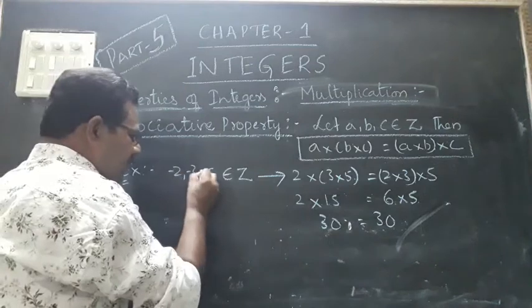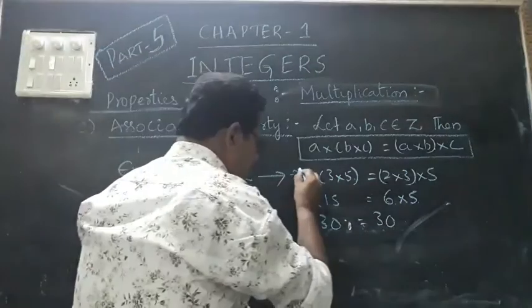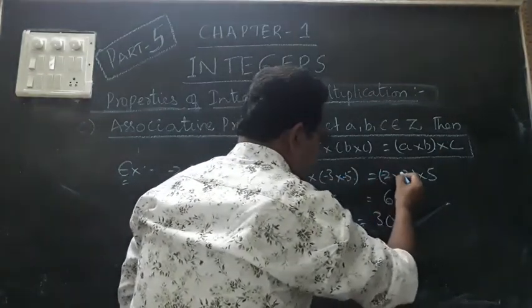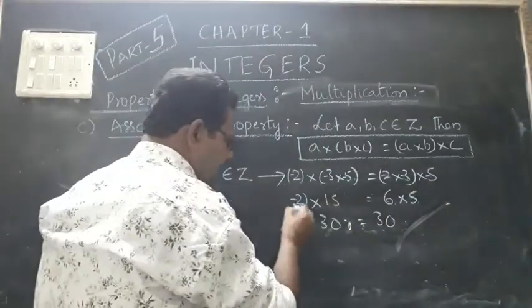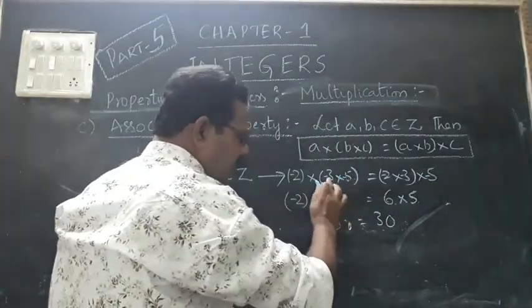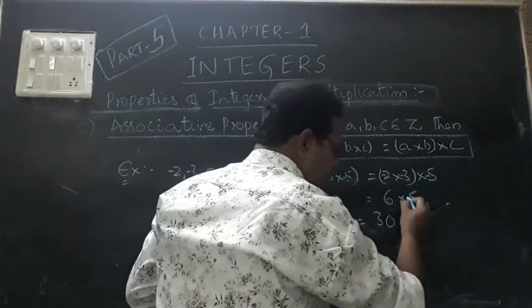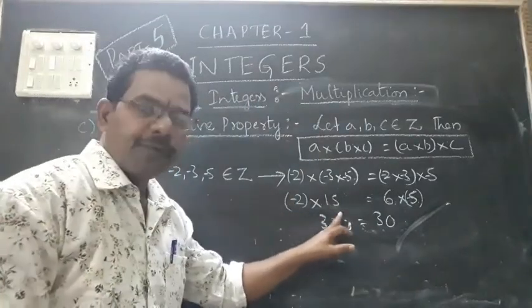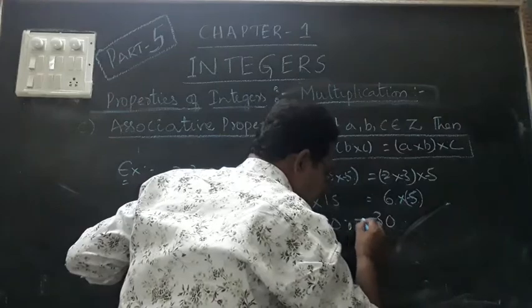-2, -3 and -5. Same numbers with changed symbols. -2 into (-3 into -5) is equal to (-2 into -3) into -5. So -2 into, minus into minus plus, 3 5s are 15. -2 into -3 is equal to +6, into -5. -2 into 15 is equal to -30. 6 into -5 is also equal to -30.